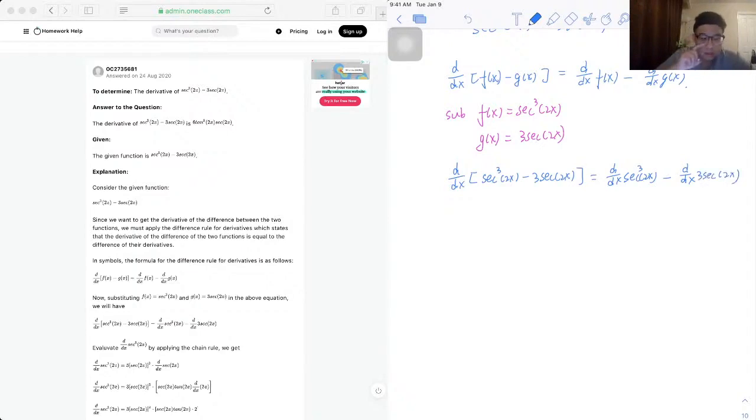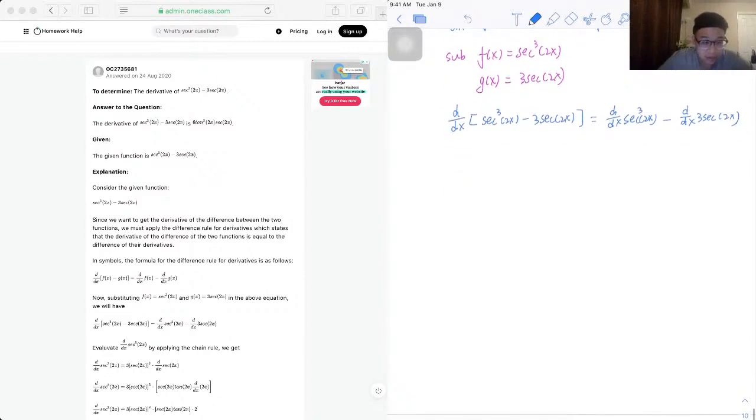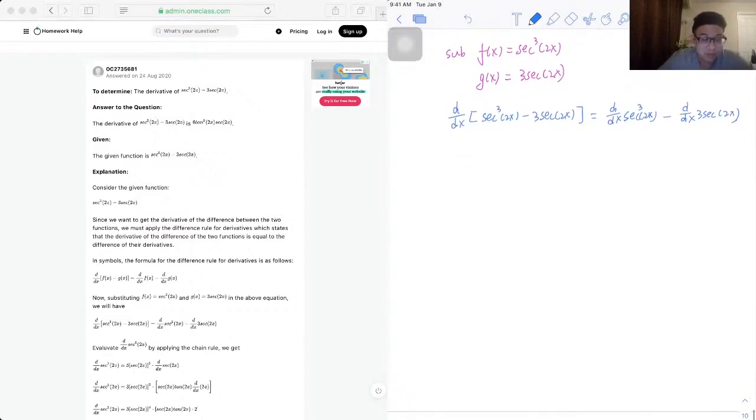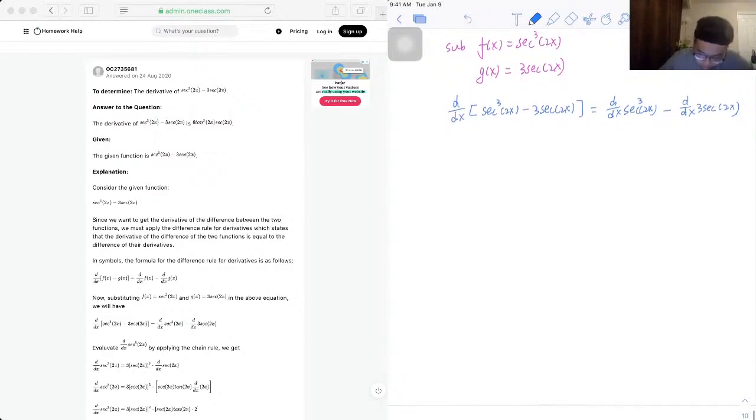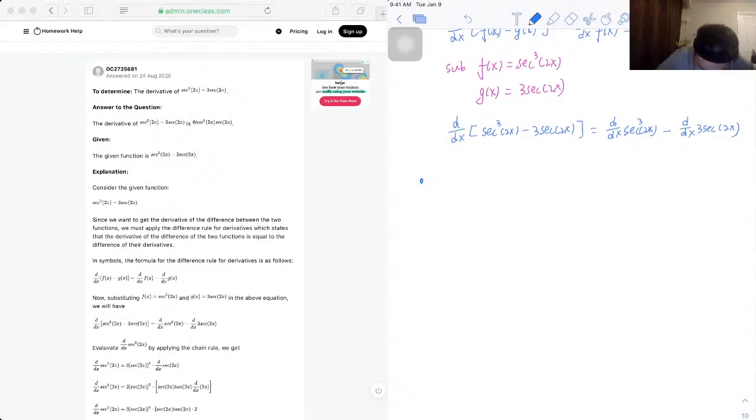Right. So now, first let's evaluate the derivative of secant 2x to the exponent of 3. And here we need to use the chain rule.